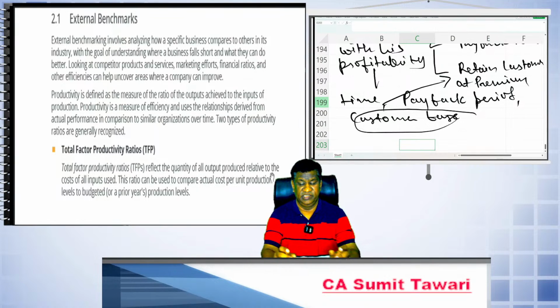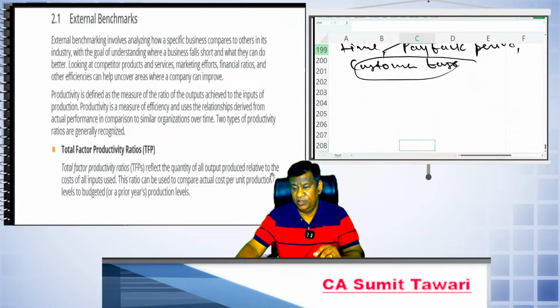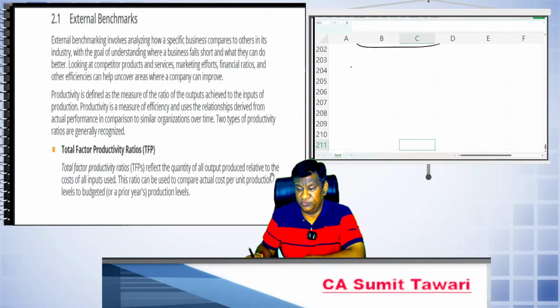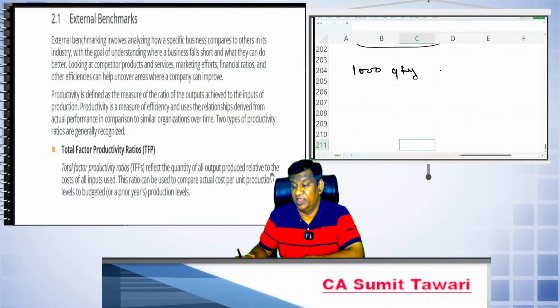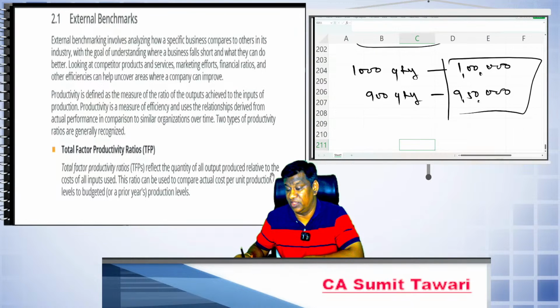Say I am going to produce 1000 quantity, and for that I budgeted 1 lakh. If I produce 900 quantity and the actual expense is 95,000, if you compare this, there is a surplus of 5,000.